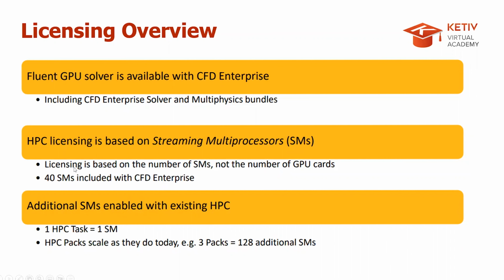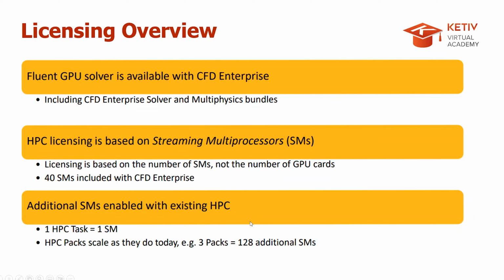You can use up to 40 SMs for doing your simulations, no additional HPC licensing needed. If your GPUs have more than 40 SMs, more than 40 streaming multiprocessors, then you would need to have additional HPC licensing, wherein for each additional streaming multiprocessor, you'd need one HPC task.